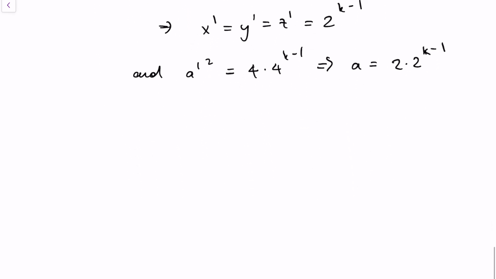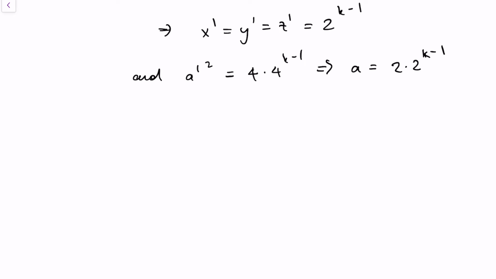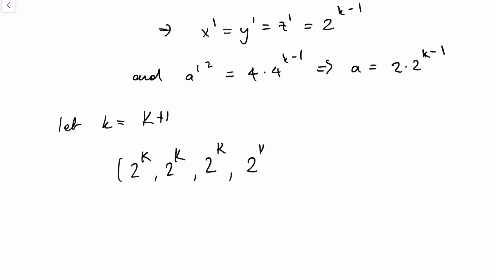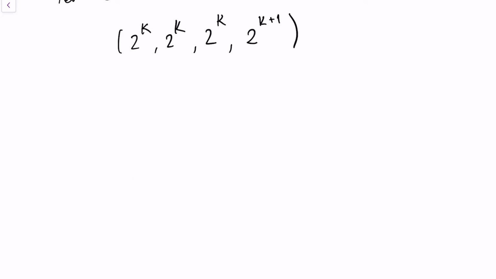Since k is arbitrary, we can replace k, we can let k be capital K plus 1. The solution set will be 2 to the power of k, 2 to the power of k, 2 to the power of k, and 2 to the k plus 1. And of course, I should add all permutations here.